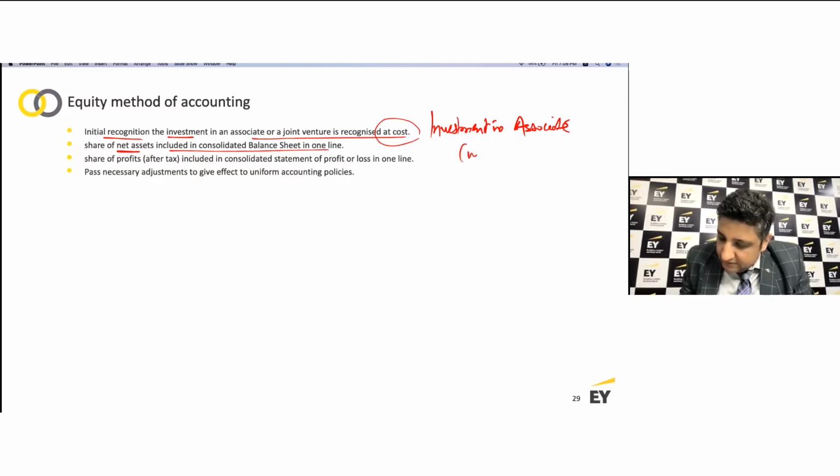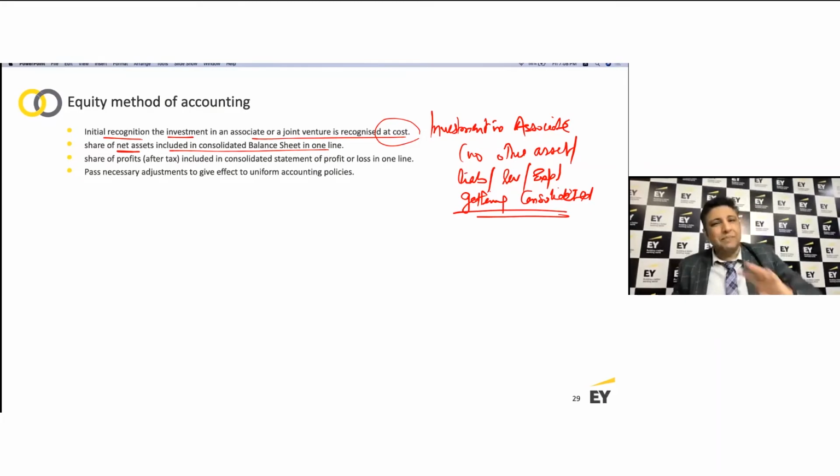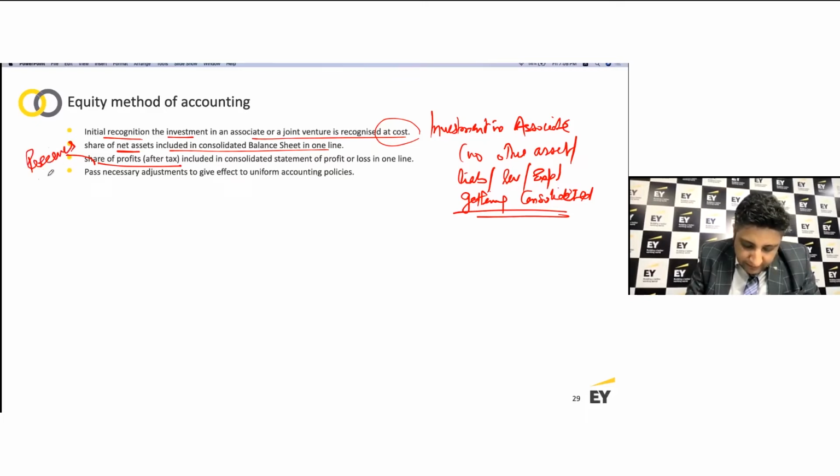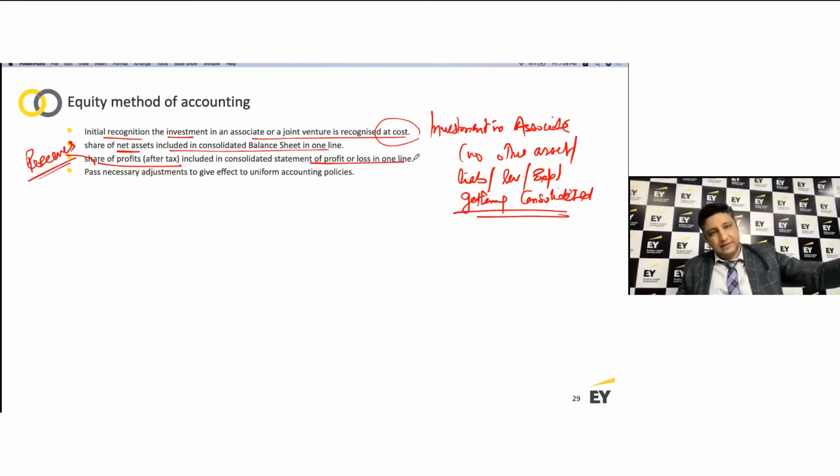There is no other asset or liability or revenue or expenses getting consolidated. The parent of that entity will consolidate; we will not consolidate. All we consolidate is the share of profits or even the reserves, that is, equity. That is what is going to be consolidated, and that will appear in the profit and loss account.